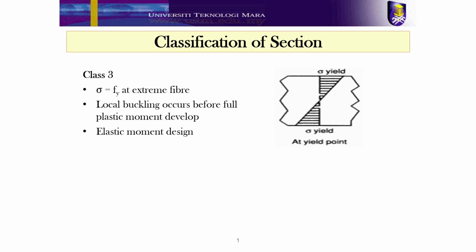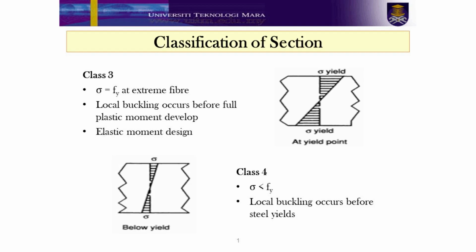However, local buckling is liable, which halts the development of the plastic hinges. Thus, Class 3 is classified as semi-compact. Finally, the Class 4 section will fail due to local buckling at most of the cross-section throughout the beam. The section is unable to achieve yield stress, and this Class 4 section is called slender.